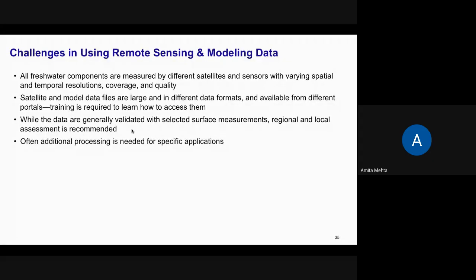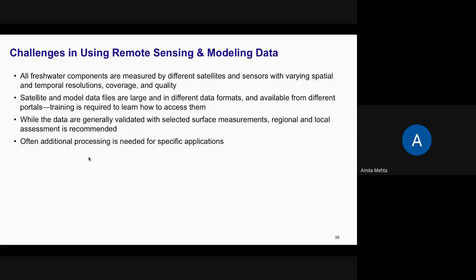NASA and other space agencies also have ground validation programs, and all the satellite missions have their validation programs, but they're not global. They're in selected regions. So for your own region, it's a good idea to assess the accuracy of these data sets, because they're not validated everywhere. So you don't know how accurate they are everywhere.